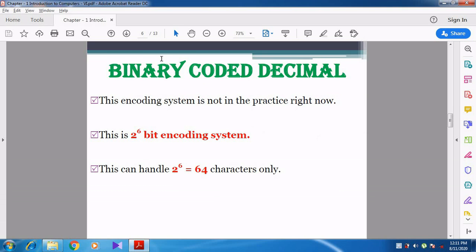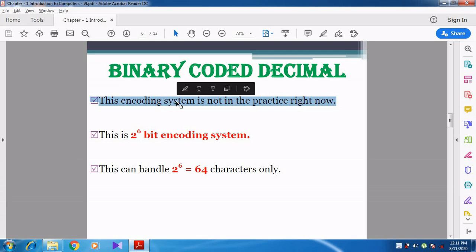First of all we are going to discuss binary coded decimal. This encoding system is not in practice right now. We are not following this particular system. It was followed in the olden days.